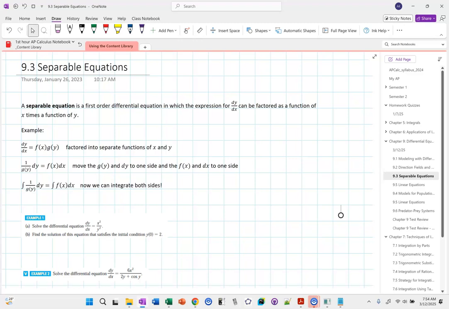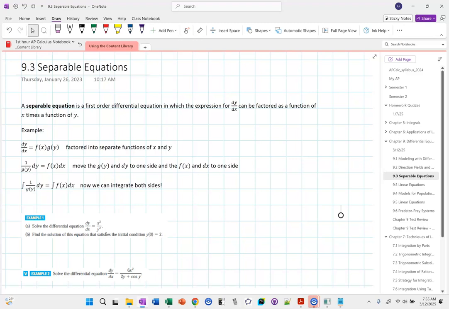In 9.1, we practiced that. In 9.2, we saw we could sketch a solution using a slope field. In 9.3 and 9.4, we're going to use calculus to algebraically find a general solution, or a specific solution if we have a starting condition, to some differential equations.